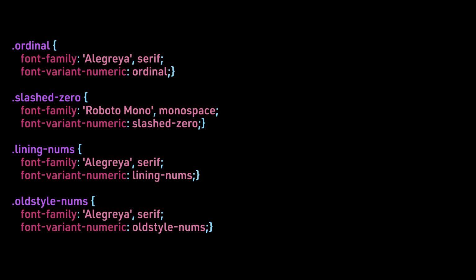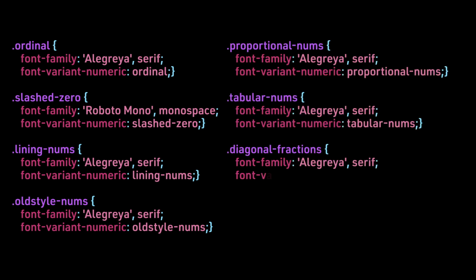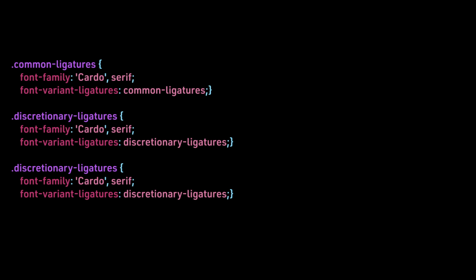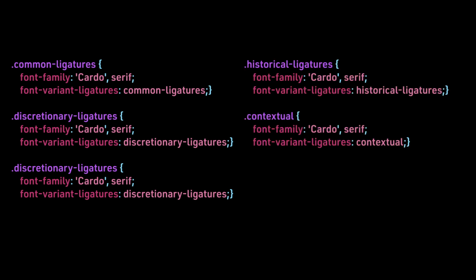For the numbers, we are using a combination of Allegreya to look at ordinal, lining nums, old-style nums, proportional nums, tabular nums, and diagonal fractions. While for the slashed zero, we are looking at Rubik Mono. We go back to Cardo to review the ligatures.